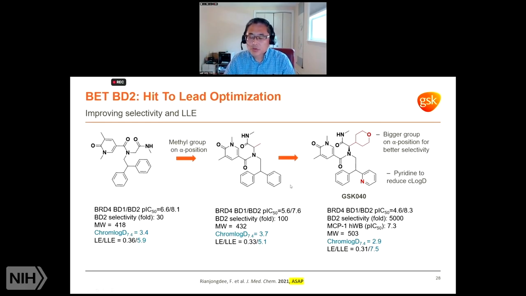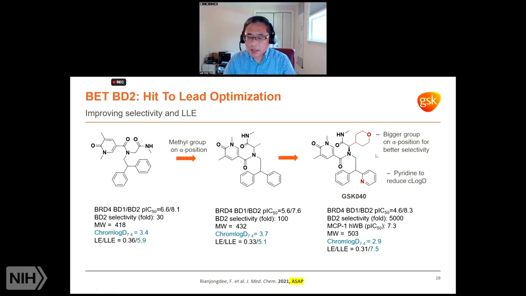So further improvement of both the selectivity and lipophilicity, log D, was achieved by, for example, introducing a bigger tetrahydropyran group on the alpha position, and introducing a nitrogen in one of the ring systems. This resulted in compound GSK040, which has an improvement of selectivity from 100 to 5,000.